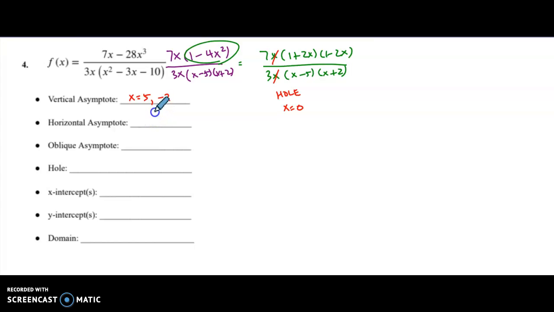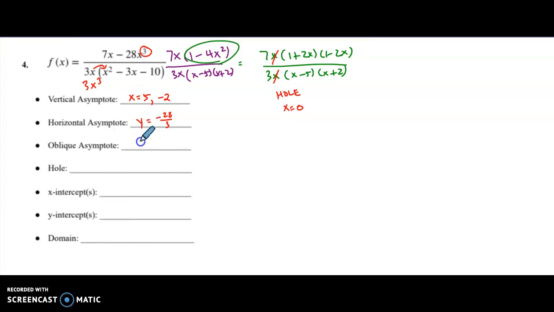For the horizontal asymptote, the degrees are the same. This is x to the third, and if you multiply 3x inside, that's going to be 3x to the third. So the ratio is going to be y equals -28/3.